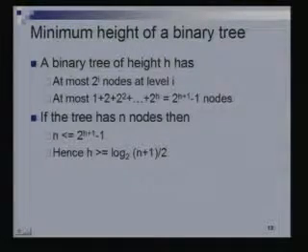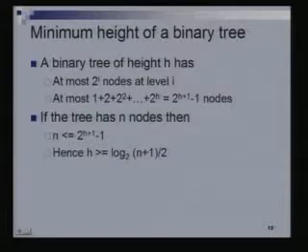And there is a particular binary tree which achieves this equality, and that's the complete binary tree. So think of the complete binary tree as the tree which acquires the smallest height. If I create binary trees with a certain number of nodes, the one which has the shortest height will be a complete binary tree.